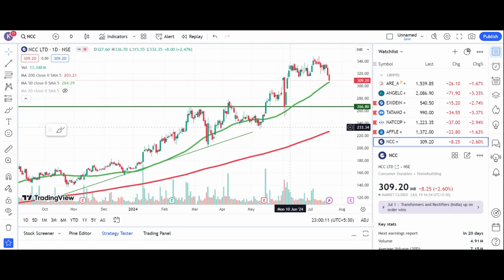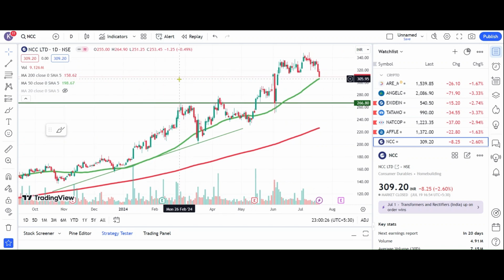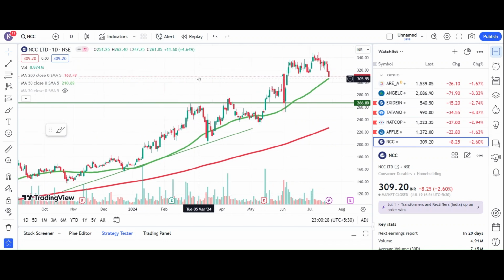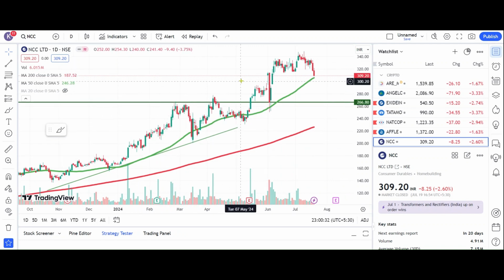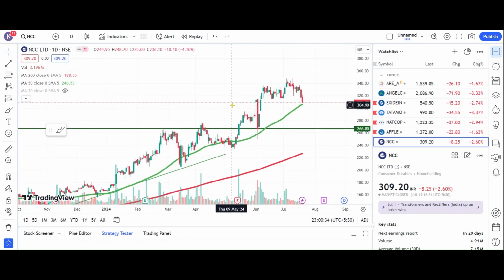So we have seen example one where a company like Angel One is fundamentally and growth wise good, but technically for now it looks a bit weaker. The second company, NCC, is also a company which I like very much. Fundamentally good, growth wise good, and at the same time technically it is also showing some strength.